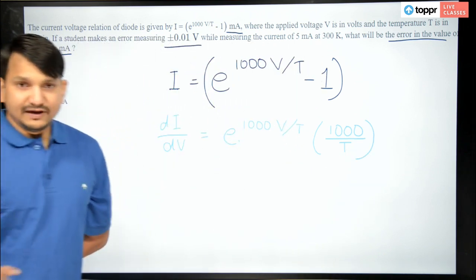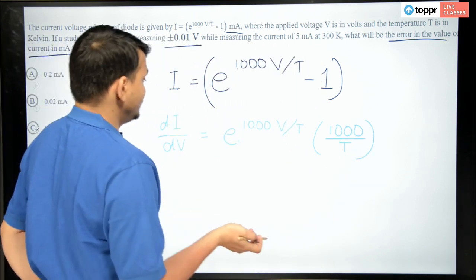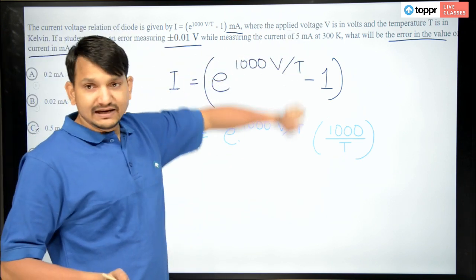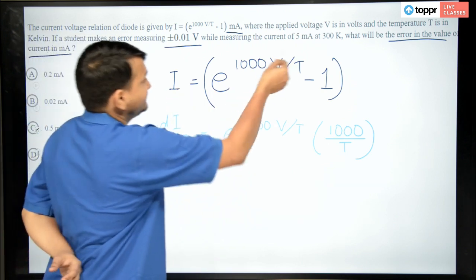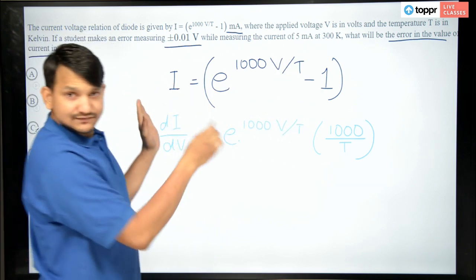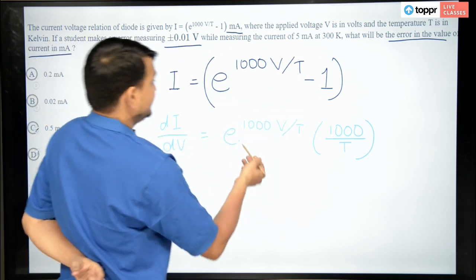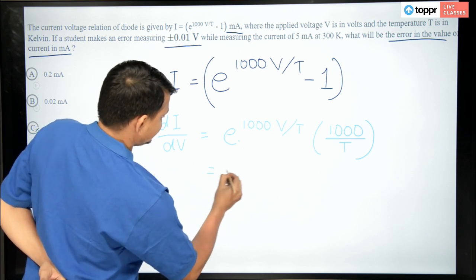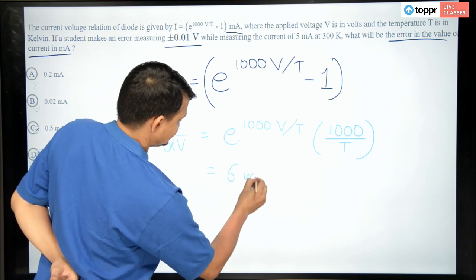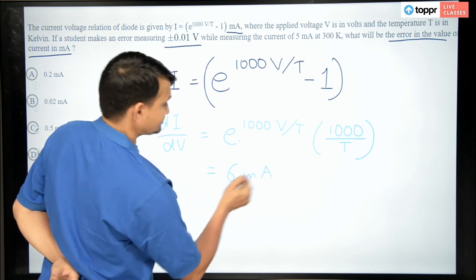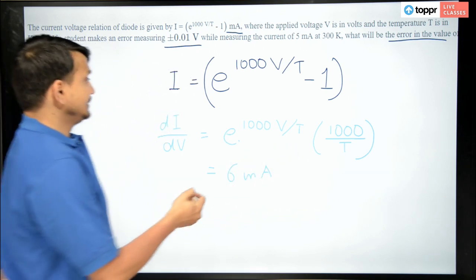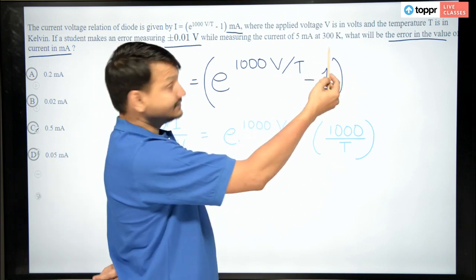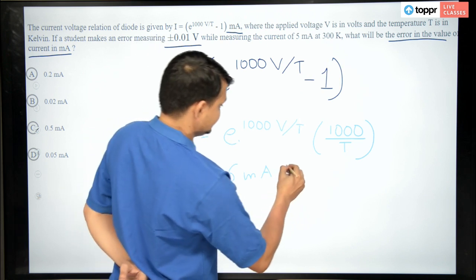And minus 1 would be gone from here. So we know that the value of I is 5 milliampere, right? So the value of this part would be 5 plus 1, that is 6 milliampere. So we can simply write the value of this part as 6 milliampere, times 1000 by T. T is the temperature, 300 Kelvin.